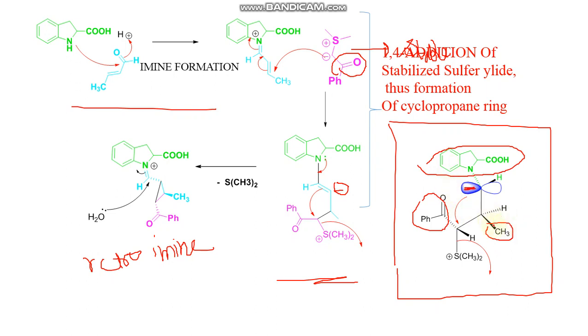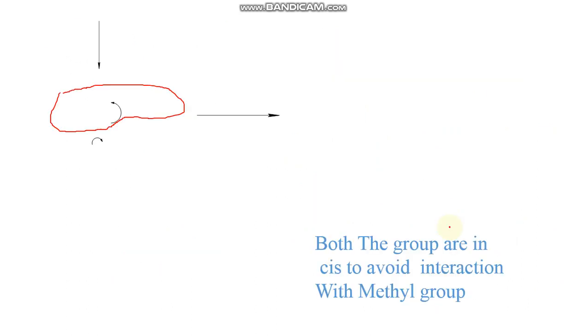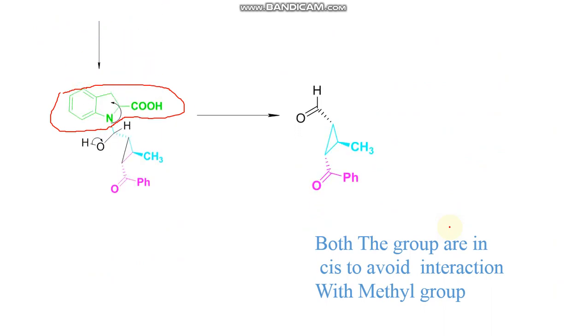That's why CH3 will be above the plane if these two are below the plane, or vice versa. That's why the product is like this, with CH3 above the plane and these two below the plane, and these two are far apart, so they do not have steric interaction between themselves. That's all for the reaction.